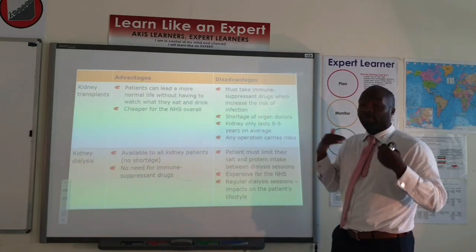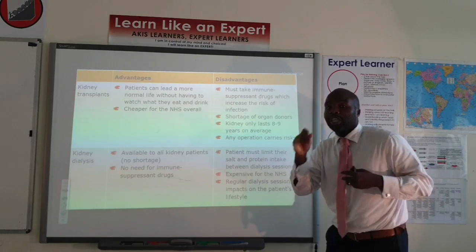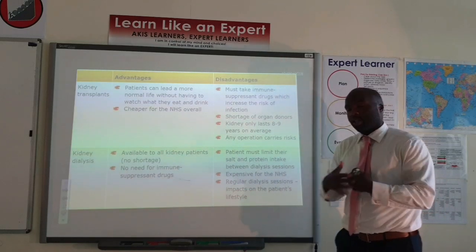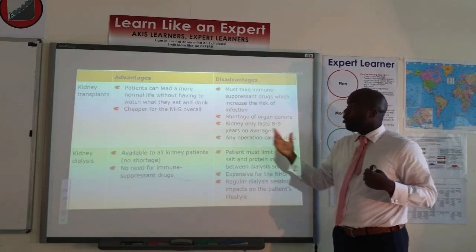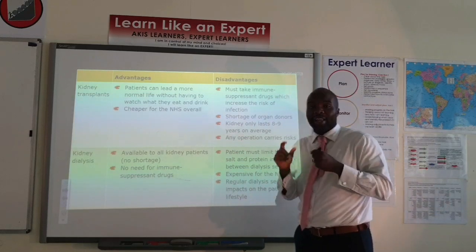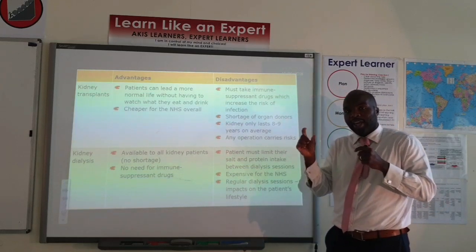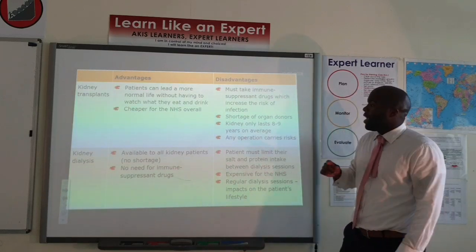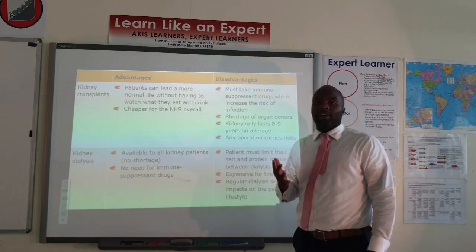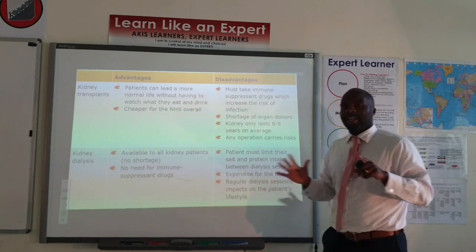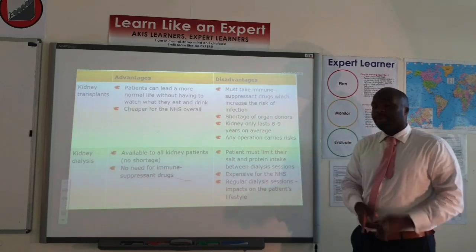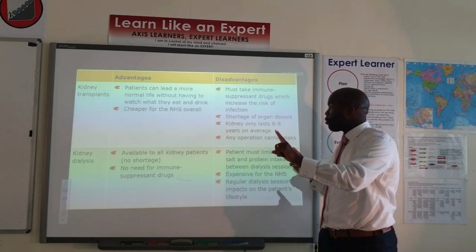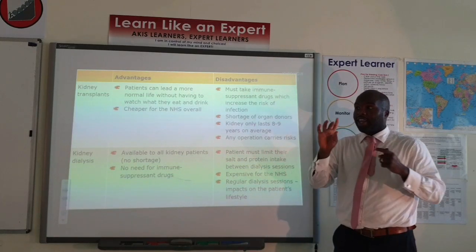Remember we said, to prevent the donor kidney from being rejected. There is a shortage of donors, so there are long waiting lists, but also it might be very hard to find somebody with a donor kidney that has similar antigens to yours. Donor kidneys don't last forever, 8 to 15 years if you're lucky. And don't forget, any operation comes with its own risks.